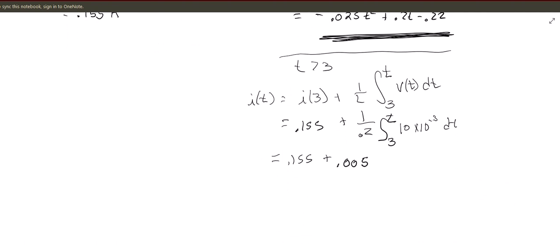And then I just have the integral from 3 to t of 10 dt, because I just took the 10 to the negative 3 out. So 0.005 times 10t squared over 2 from 3 to t.